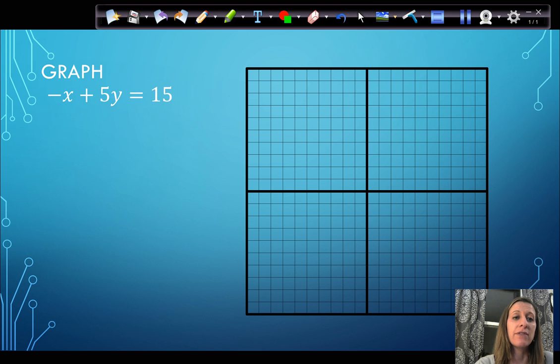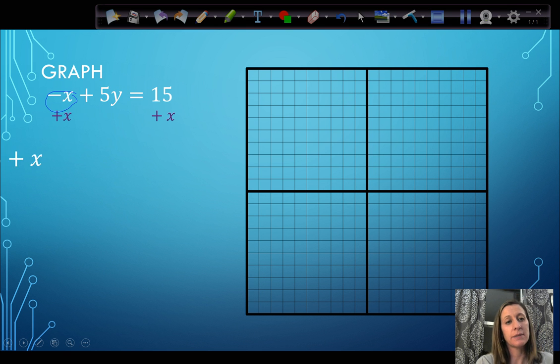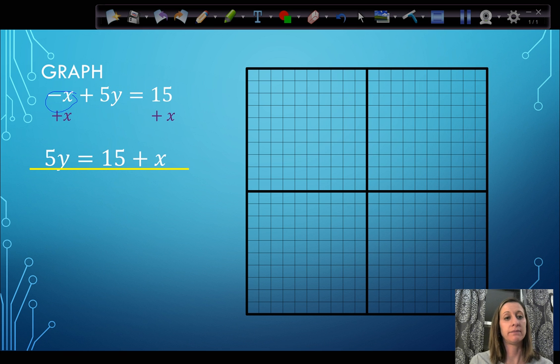All right, so now I have negative x plus 5y equals 15. I don't want x on this side, I want x on the other side. So I'm going to cancel x, it's a negative, by adding x to both sides. And now I'm going to cancel the 5 with division, so I'm going to divide both sides by 5.